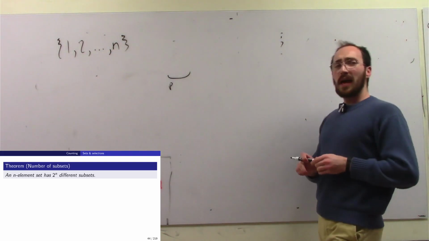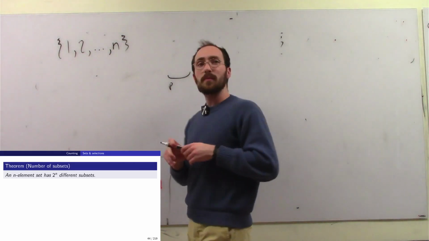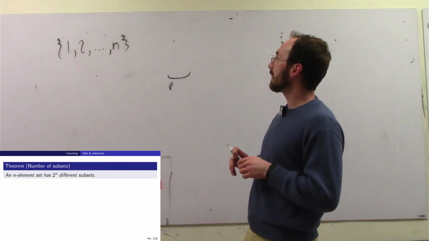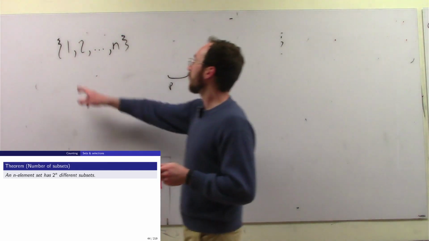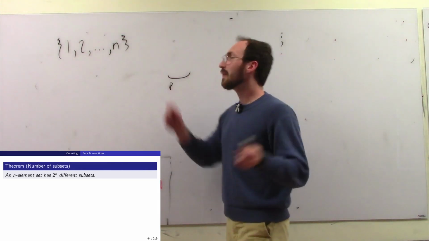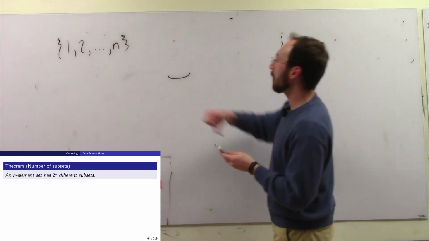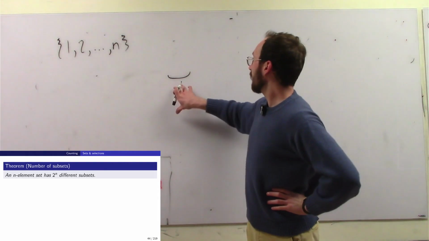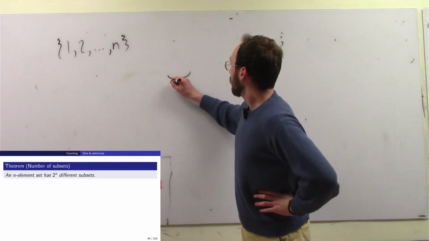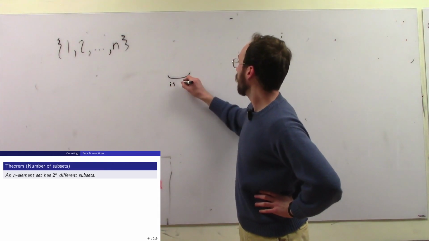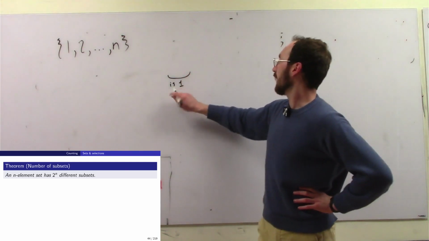It doesn't actually matter what labels we put for our elements in our set, so long as they're just distinct. So I'm just going to think about 1 up to n here, and we can ask ourselves the same question over and over again.